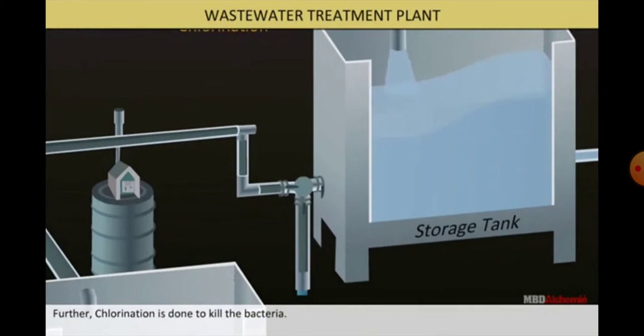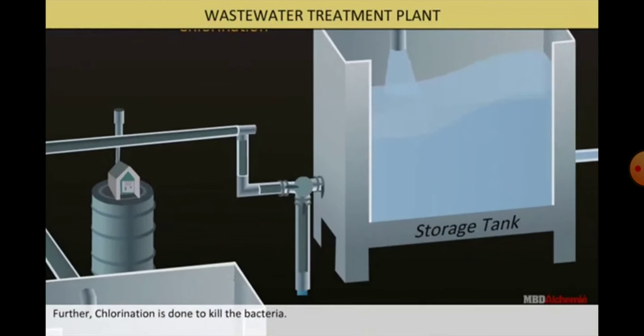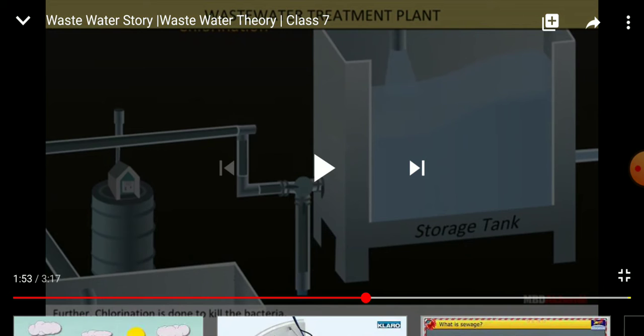After this, further chlorination is done to kill the bacteria. So the tertiary treatment is a chemical process in which water is treated with a disinfectant such as chlorine. You can see this in this animation.